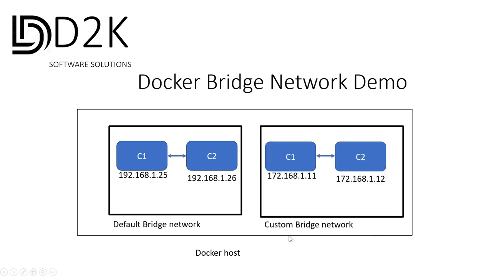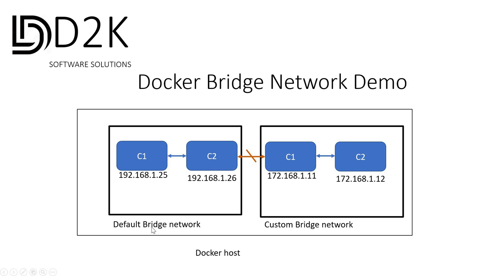One more way is to create two containers with a bridge network, meaning you create the network first and assign the containers to that particular network, so that way we can see. We will also verify whether custom bridge network containers can communicate with the default bridge network containers.